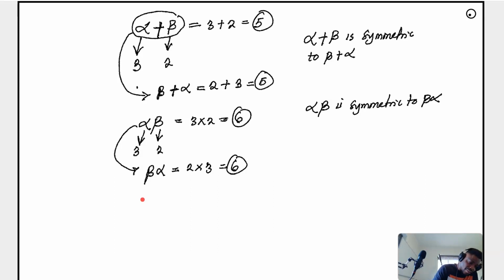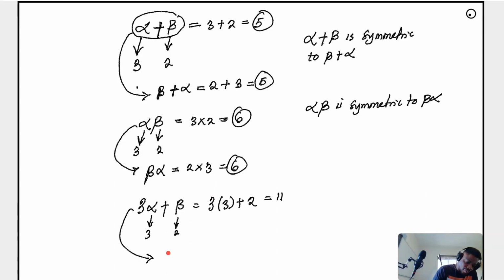But now let's check this. 3 alpha plus beta. Okay, let's say alpha is 3 and beta is 2. Here, that is 3 bracket 3 plus 2. This is 15. Now, let's interchange. Okay, beta, that is 3 beta plus alpha. That is interchanging it. So in this case, this is 3 bracket 2 plus 3.